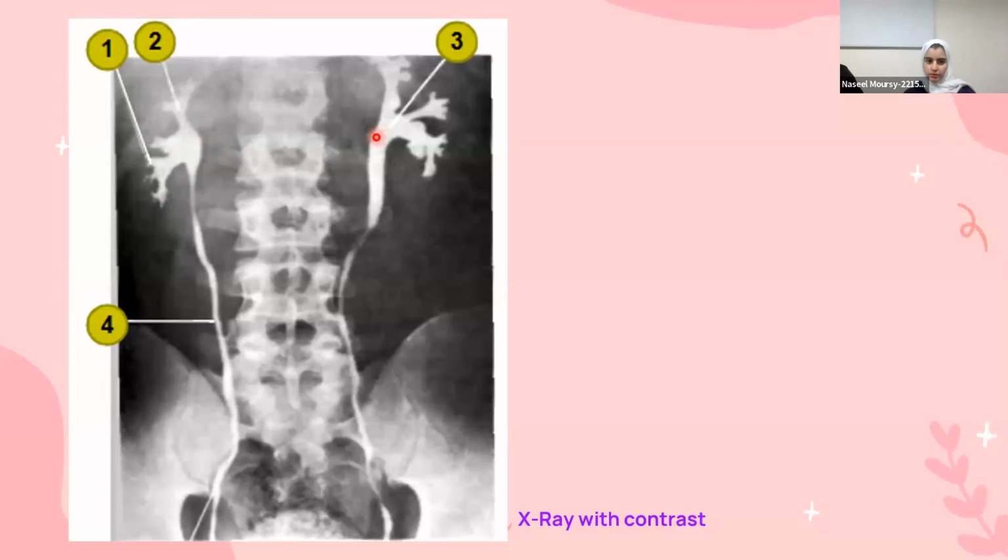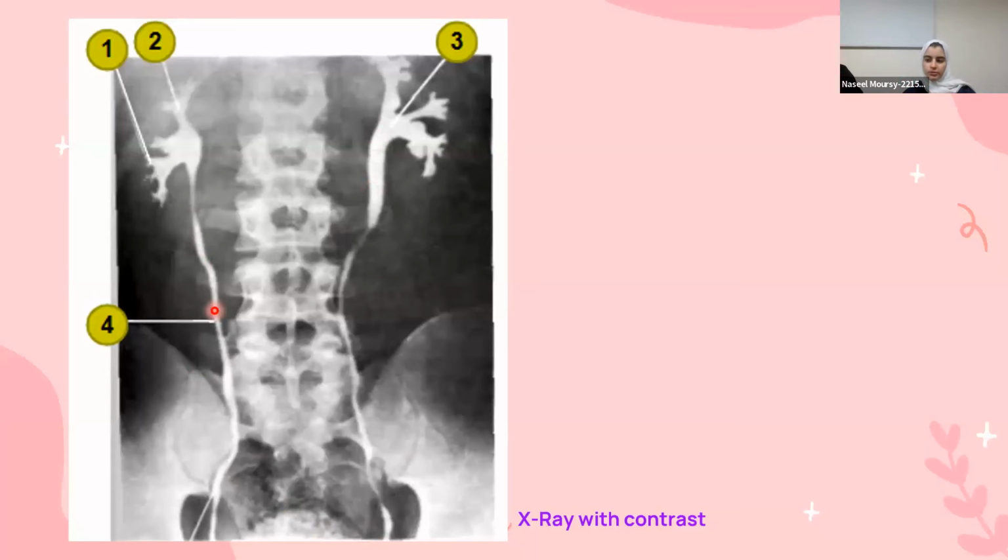Good. Number three, renal pelvis. Good. When you answer a question like this, it's better to specify that it's the renal pelvis, because you also have the actual pelvis here. So be on the safe side and say renal pelvis.